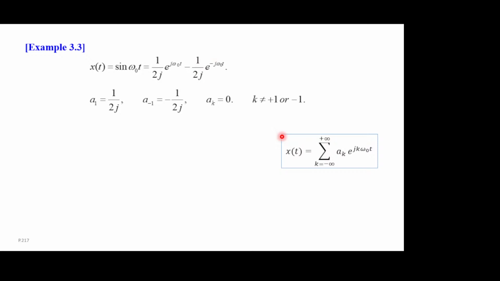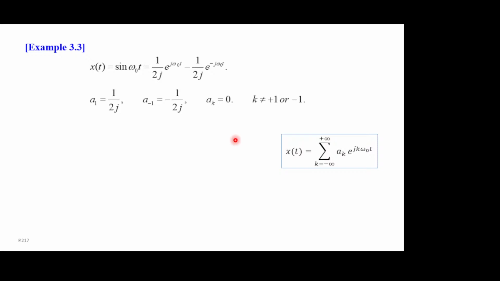If we break it into this form, then you can just read the ak here, because it's already in this form. So we have a1, which corresponds to 1 omega naught t, equal to 1/2j, and a minus 1 equal to minus 1/2j.